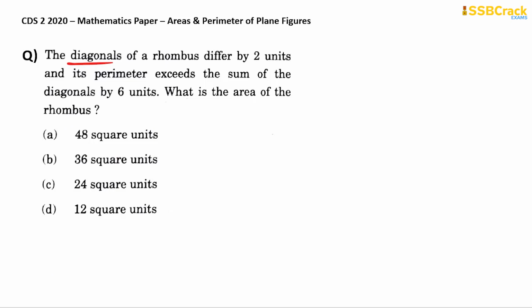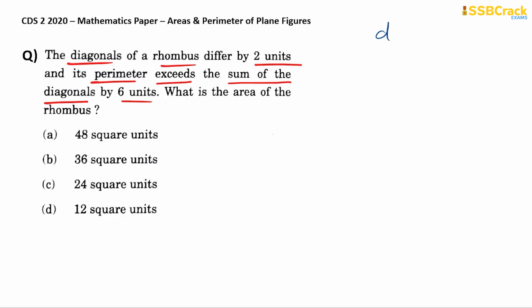The diagonals of a rhombus differ by 2 units, and its perimeter exceeds the sum of the diagonals by 6 units. Understand these 2 criteria.